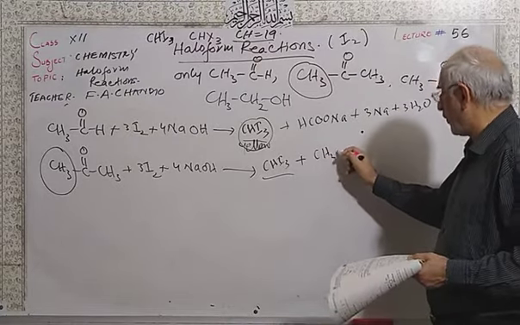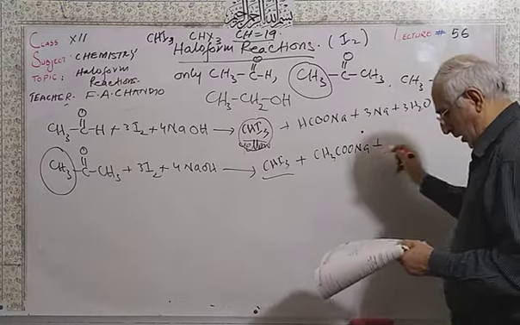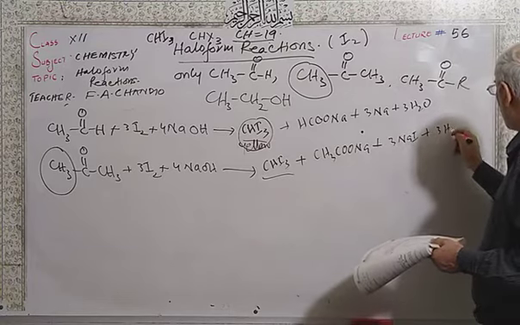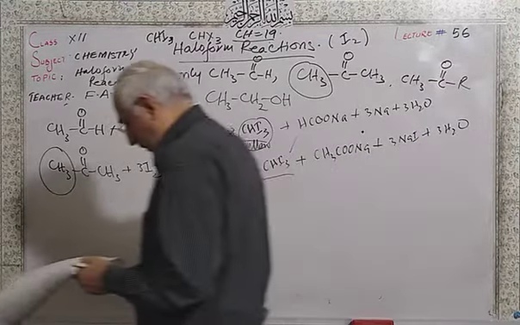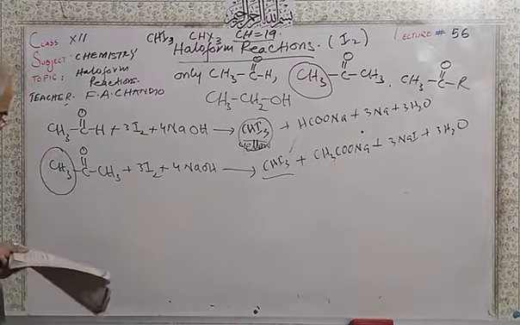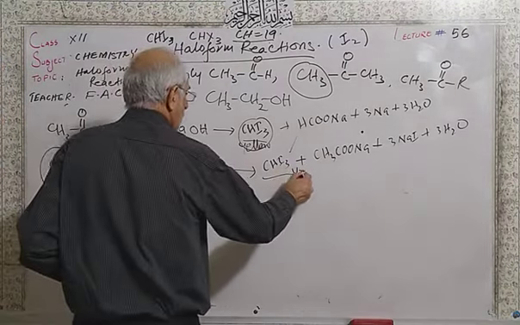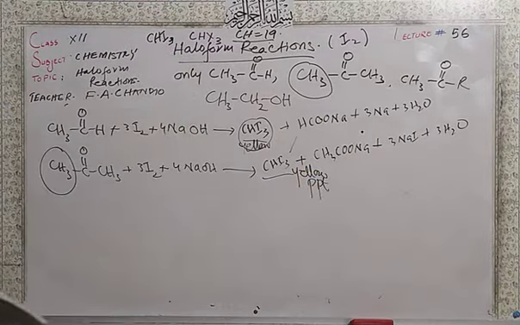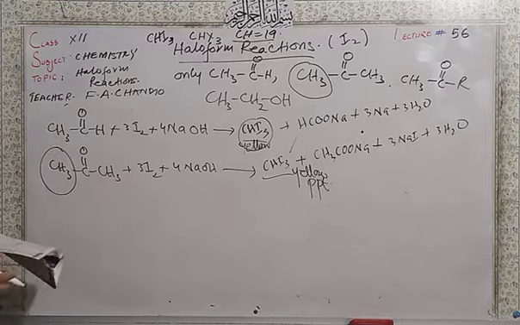Because one carbon more, you will get sodium acetate and 3 moles of sodium iodide plus 3 moles of water. So this is your chief product, called iodoform. Sodium acetate, sodium iodide, water, iodoform, yellow precipitate. A yellow precipitate is formed only using acetone or small methyl ketones and acetaldehyde.